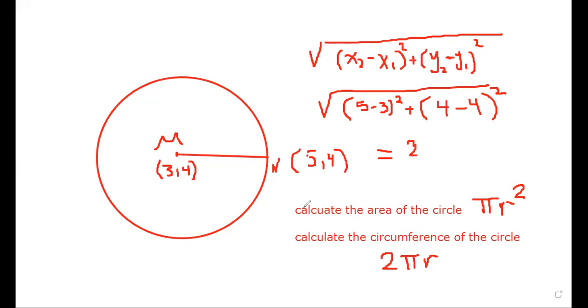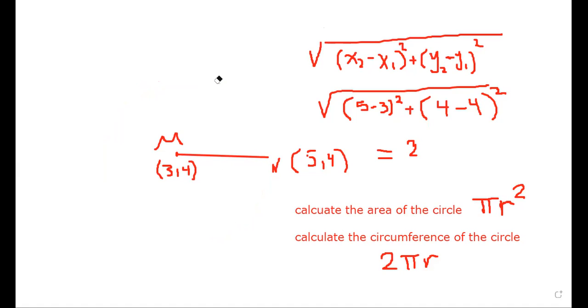Area of the circle. Ahmed Rashwan, area of the circle is what? Pi r square. And the circumference is 2 pi r. Okay? Any other question? Any other question?